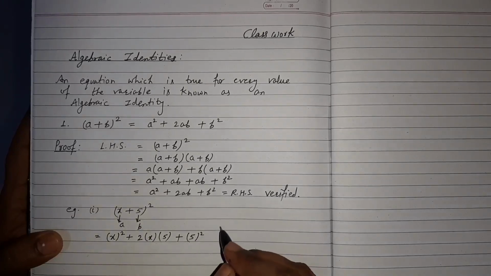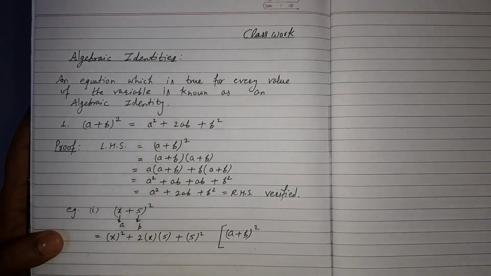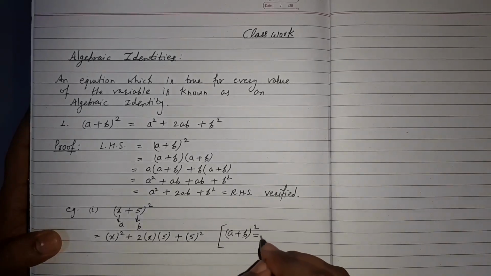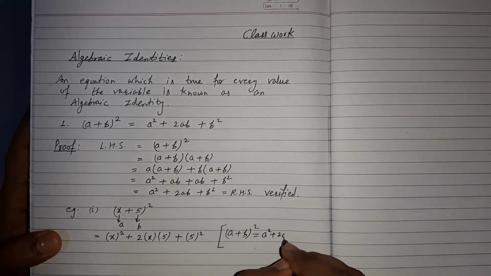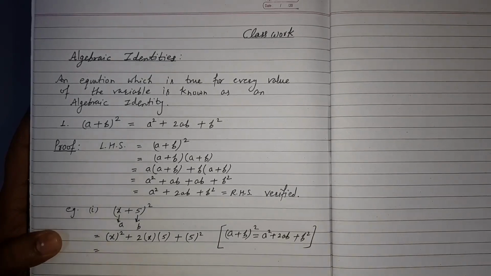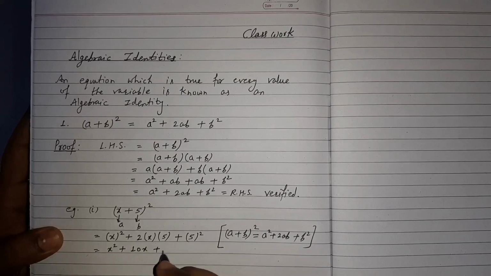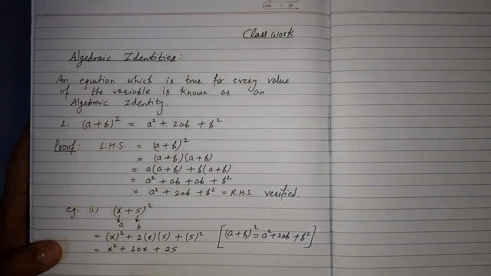Inside the bracket we can write the identity we have used over here, a square plus 2ab plus b square. Now we will simplify. So it will be x square plus 2 fives are 10, and 10 multiply x, 10x, plus 5 square, 25. So this is the expanded form of this question.